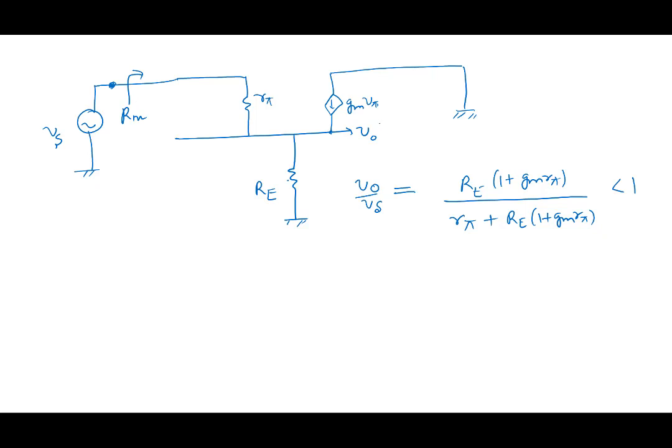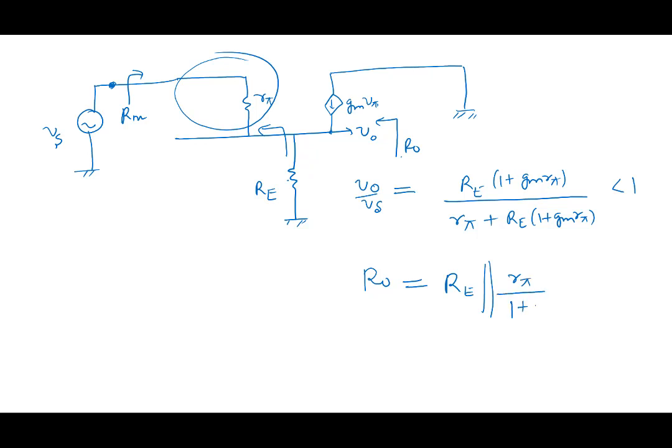What about R0? Looking from here, what about R0? What did we calculate last time? That when you look from here, R0 is, there's obviously RE in parallel, and then what is the resistance looking from here? So whatever is the resistance in this part, in this case it is only R pi, gets divided by 1 plus Gm R pi, same factor here.